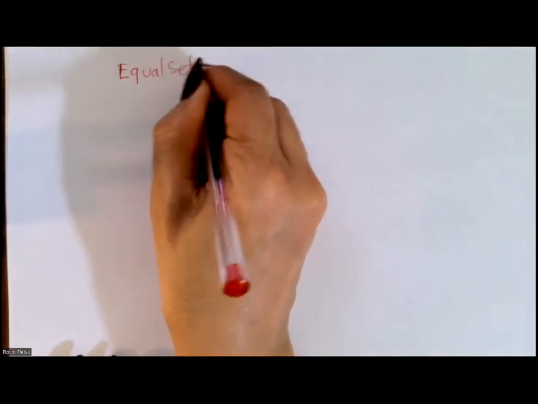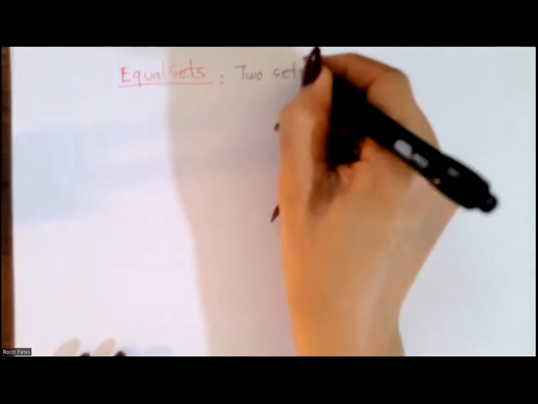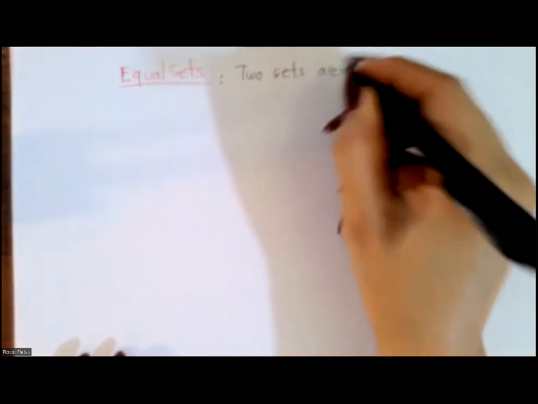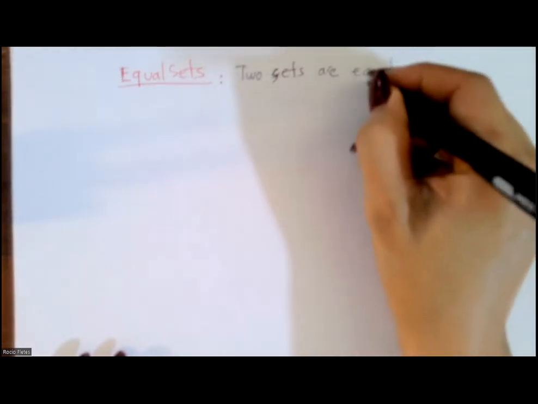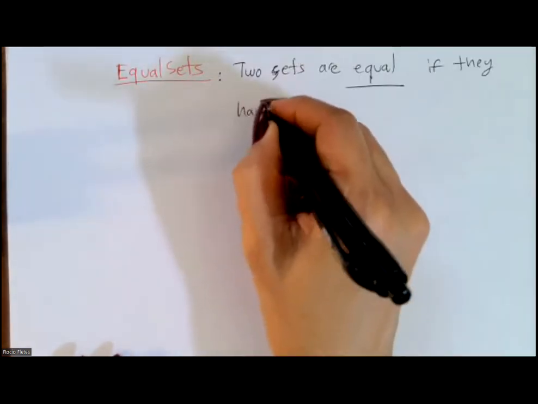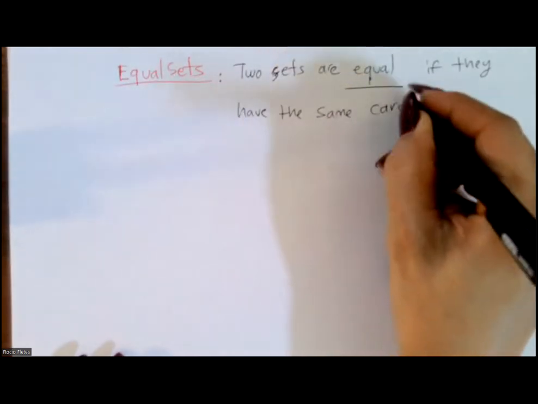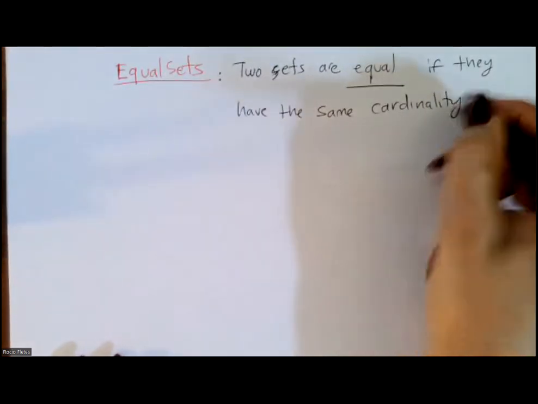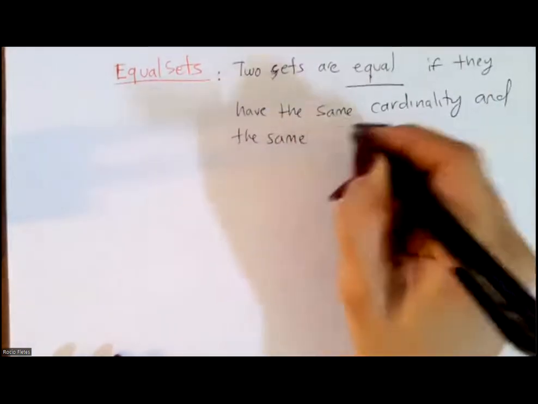Equal sets and then equivalent sets. So equal sets: two sets are equal if they have the same cardinality and the same elements.